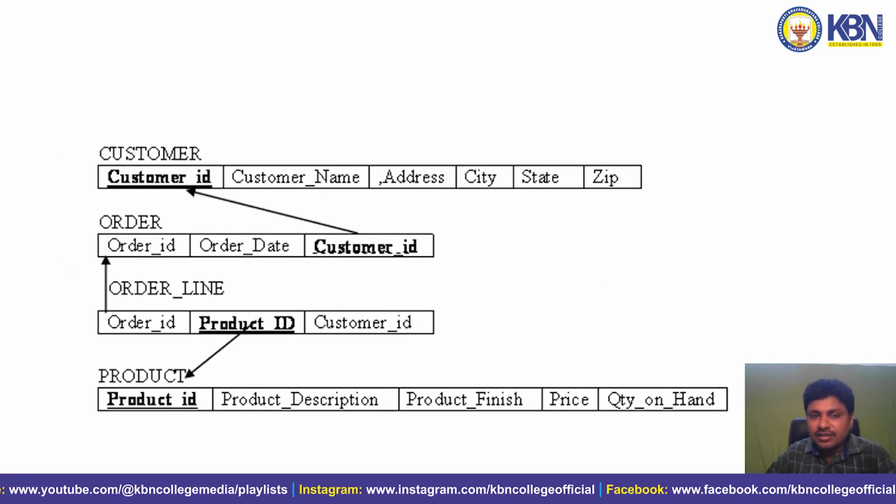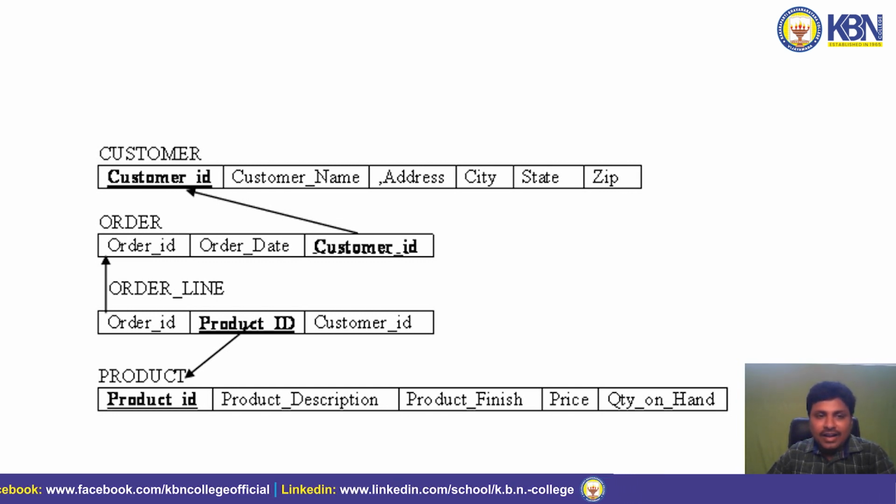In these relations, what relationship is established? In this example, the customer has customer ID, customer name, address, city, state and zip code. The customer ID is the key attribute that uniquely identifies, and it appears in the order table: order ID, order date and customer ID. So how can we establish a relationship between these two relations?